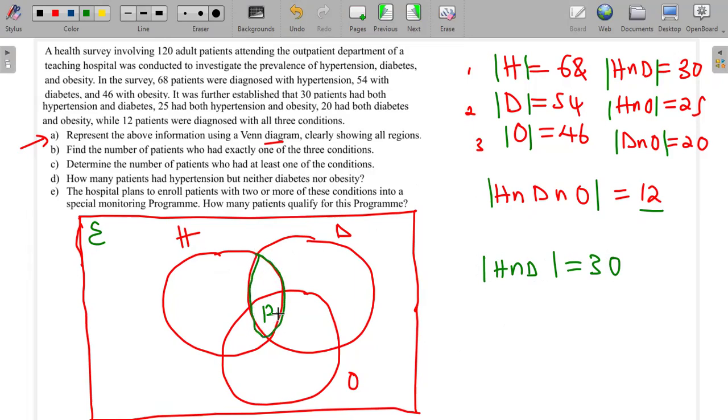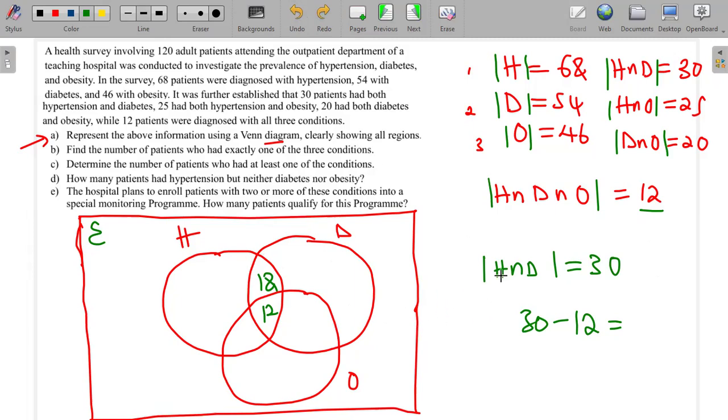And you can see that in that part, there's already a 12 there. So what is the missing number that we should put there? We're going to subtract 30 minus the 12 that is already there. So 30 minus 12 gives me 18. So the 18 is what I put there, so that the intersection for these, if I add, gives me a total of 30.